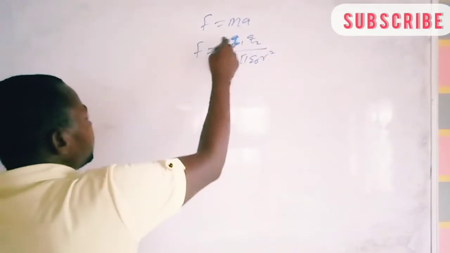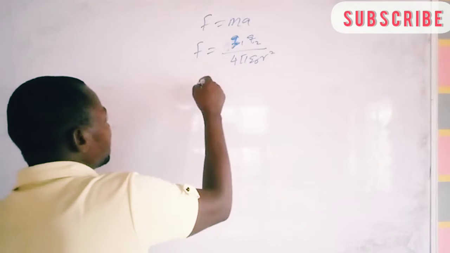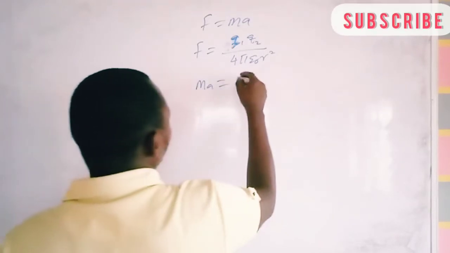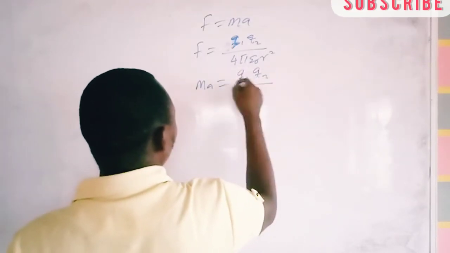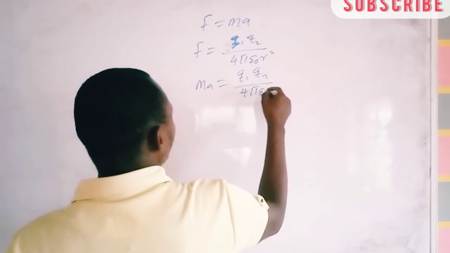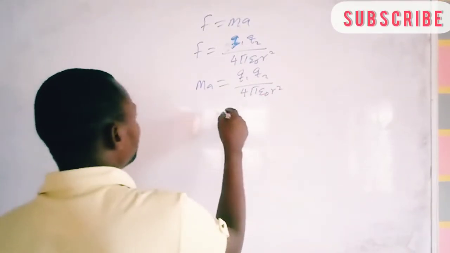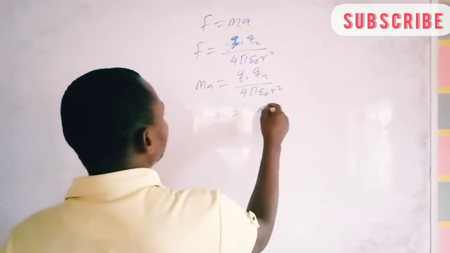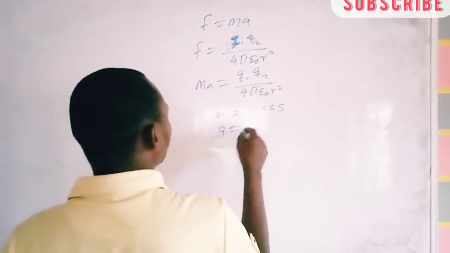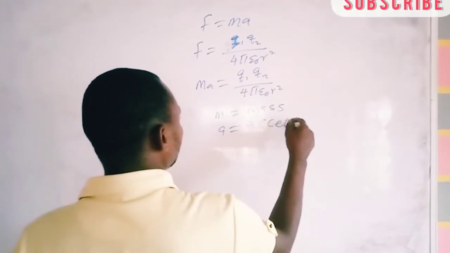Which means that since F is equal to MA, you can say that MA equals Q1 Q2 over 4 pi E naught R squared, where M equals mass, A equals acceleration.